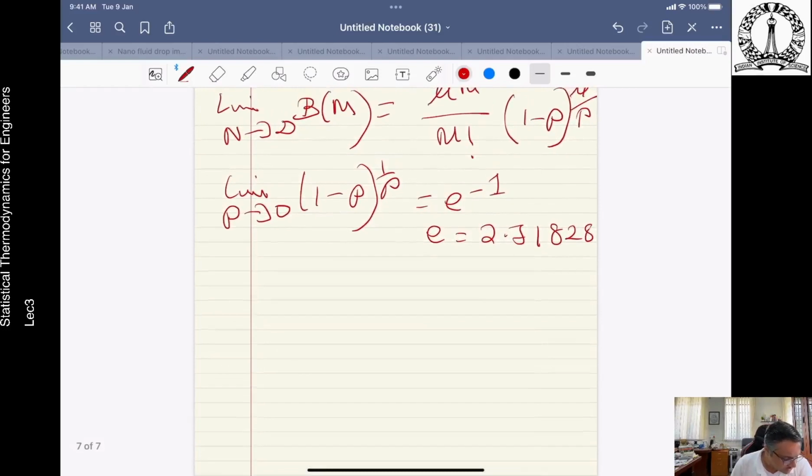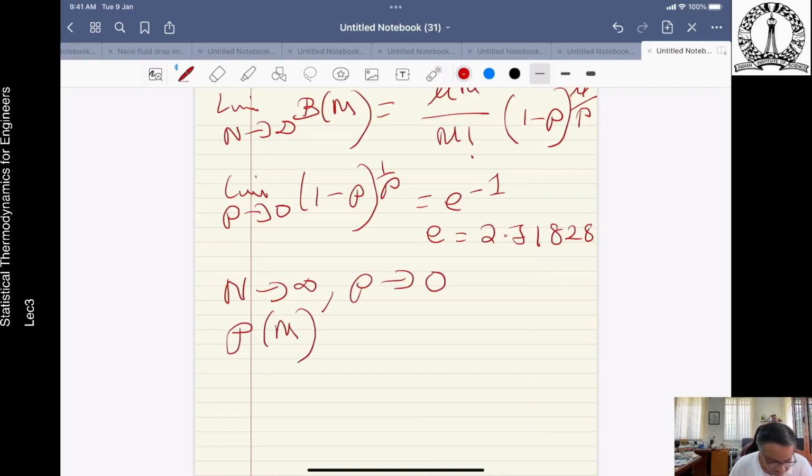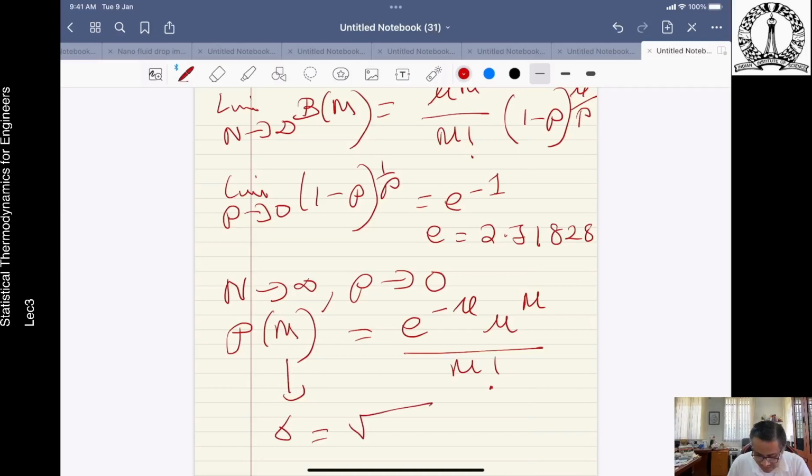So in the combined limit, where n goes to infinity, p goes to 0, the Poisson distribution is e to the power of minus mu, mu to the power of m divided by m factorial. In the case of the Poisson distribution, the sigma is given as the root of np, which is nothing but root over mu.